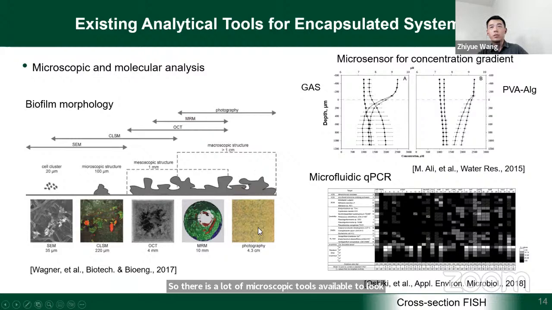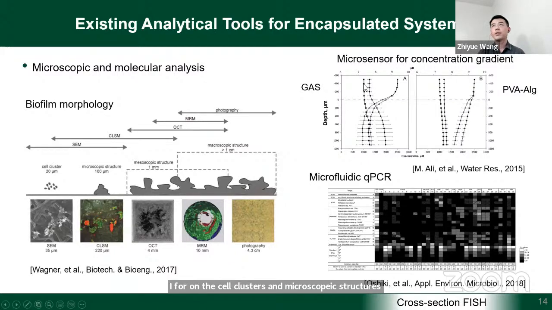There's the optical microscope that looks at macroscopic structure, and OCT and MR are really popular to look at mesoscopic structure. Down to the micrometer size, SEM and confocal microscopes can give us more information on the cell clusters and microscopic structures within the encapsulation.